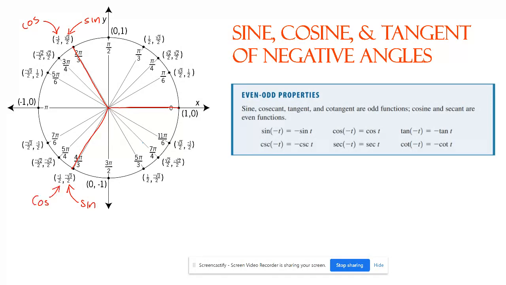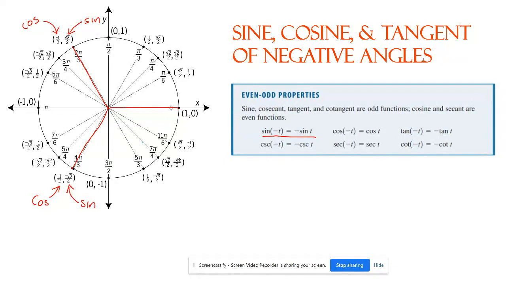Well, what you'll notice about this, and this will be true of all angles, is that the sine of a positive angle and the same angle negative is just going to be switched. You just switch the sign. So you have this rule right here. If you have a sine of any negative angle, you can just find the sine of the positive angle and then make the value negative.